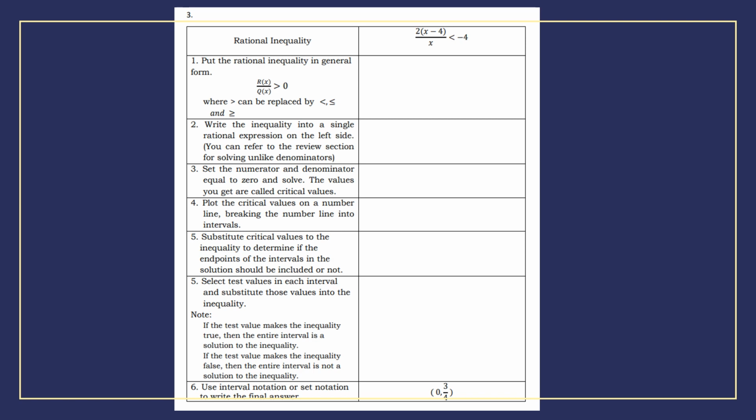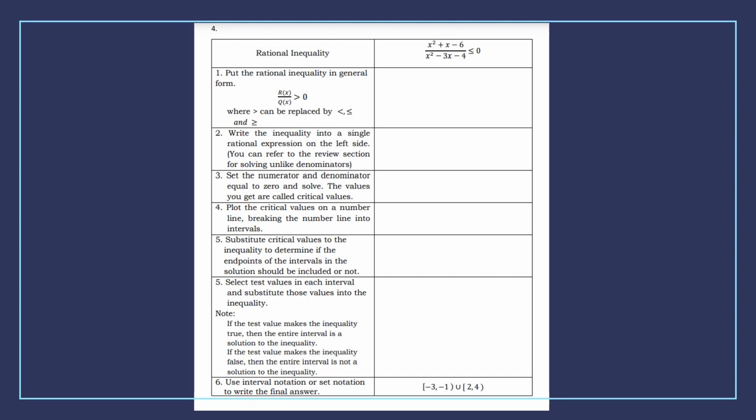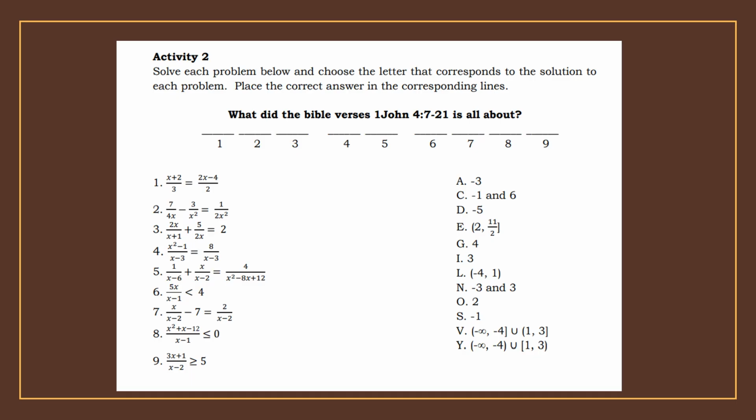This one is 0, 3 over 4. Number 4. And lastly, the activity number 2. So those are the activities that you're going to answer. Write down your name at the comment section.